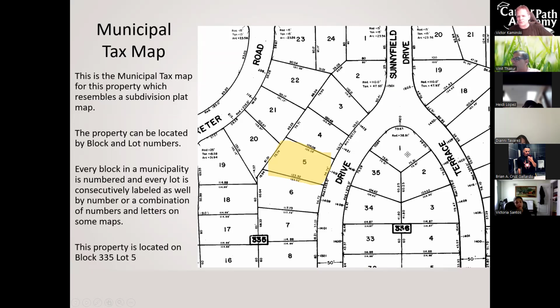And then each individual property is numbered consecutively. Those are the lot numbers. So block and lot numbers. You see block and lot numbers often on taxes, on the tax records, and even on contracts that we do. They're referencing them so that you can look up on a tax map the lot and block number, and see the information about the property. Like this property here, located on block 335, lot 5.